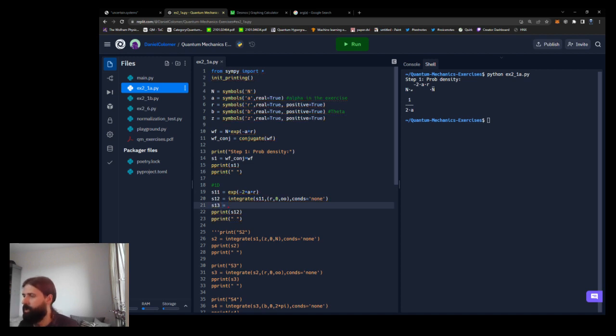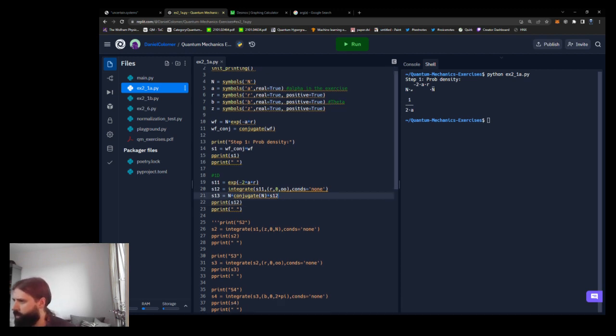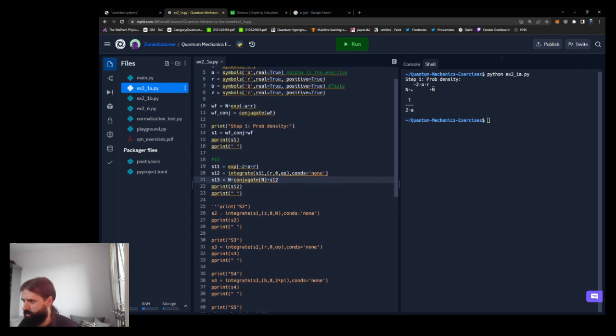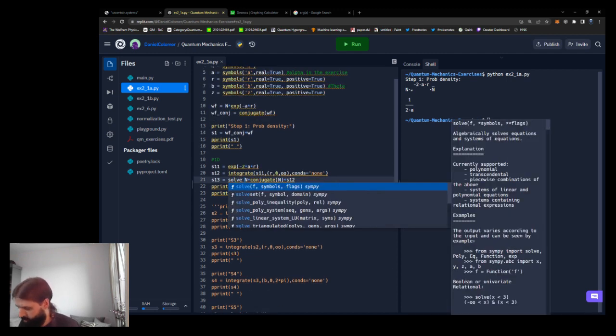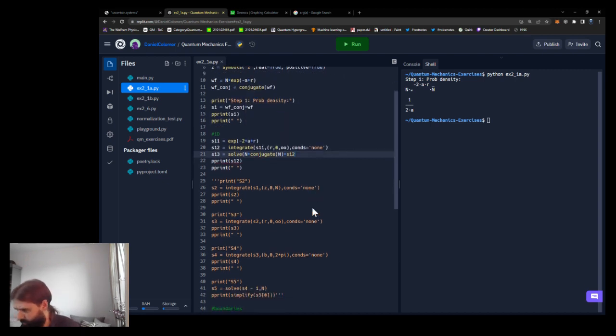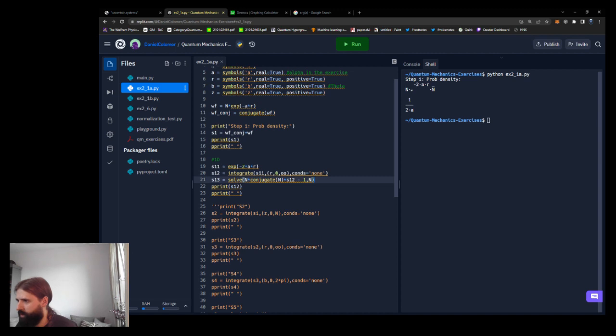And so if I now say S13 equals n times conjugate of n times S12, and then we want to solve this minus 1, because it solves for 0, and we say print 3.